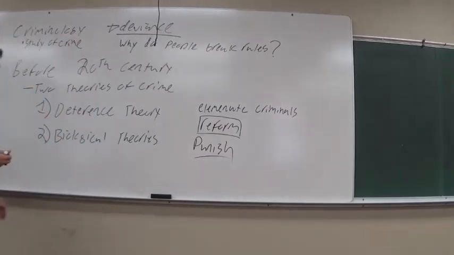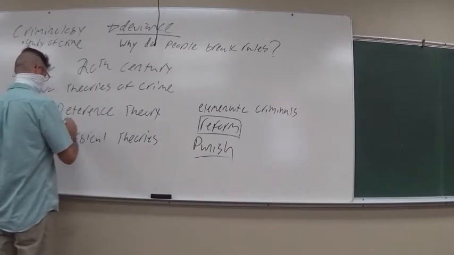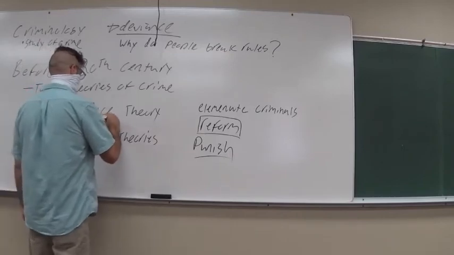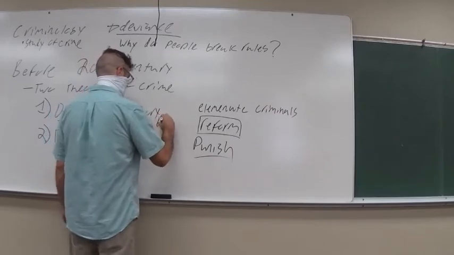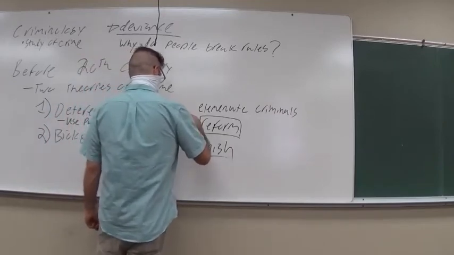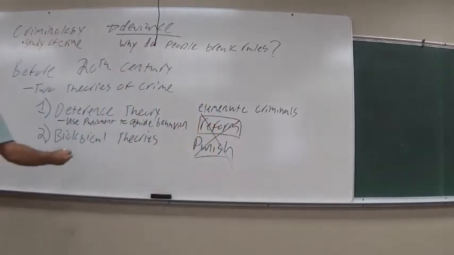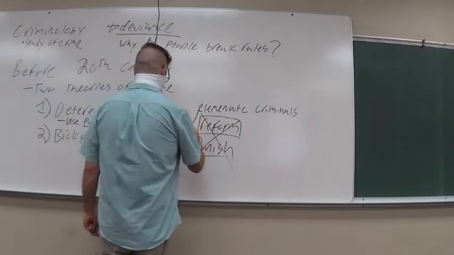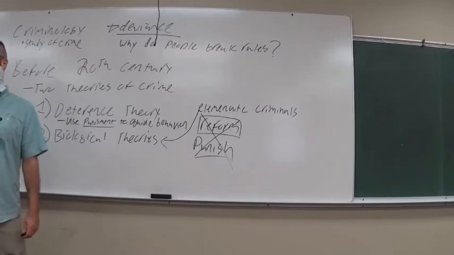Yeah, and so essentially the deterrence theory is the idea that you use punishment to guide behavior. Right, which in some ways reform is also that. So you use your punishment to guide people's behavior. Eliminating criminals is more of a biological theory. Like criminals are so broken that we just have to dispose of them, right?